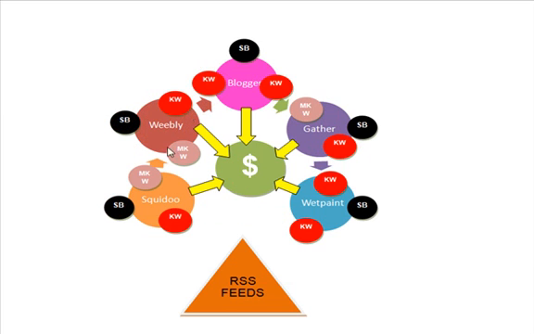Now, once you have your link wheel completed, remember we're getting unique content for maybe a Squidoo lens, a Weebly page, a blog post on a Blogger blog, creating a Gather post and sharing it, creating content on Wetpaint. All of these are social bookmarked with these keywords. Whatever keywords you're optimizing the Web 2.0 property for, that's what you need to social bookmark with.